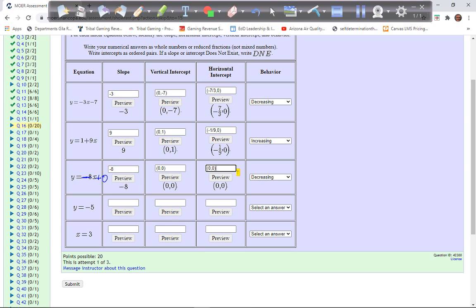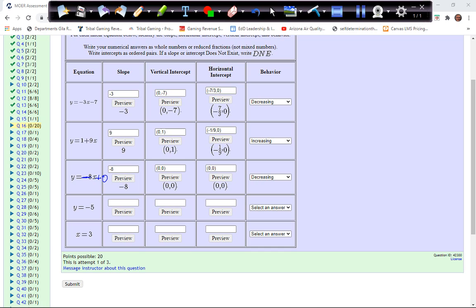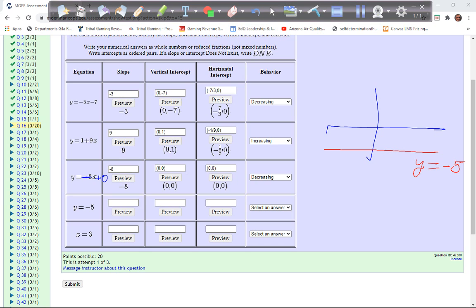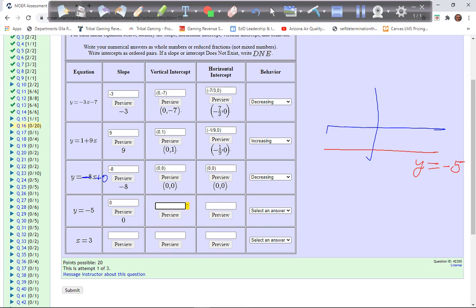Now these last two are our very special case lines. y equals -5 means that y is always -5. So that's a horizontal line here. Horizontal lines have a slope of 0, so we have to know that. The vertical intercept is going to be y is always -5, so (0, -5).